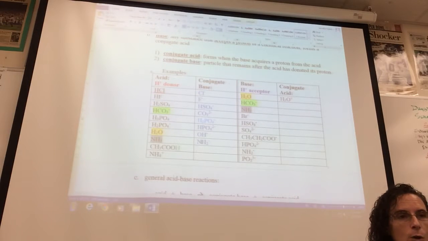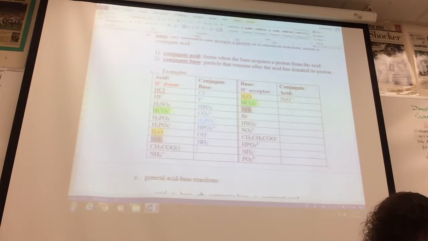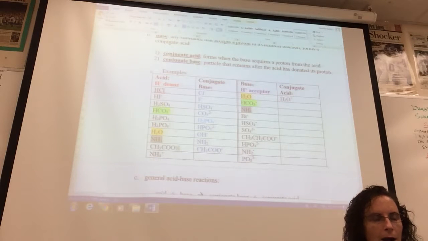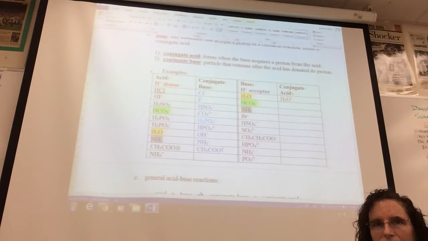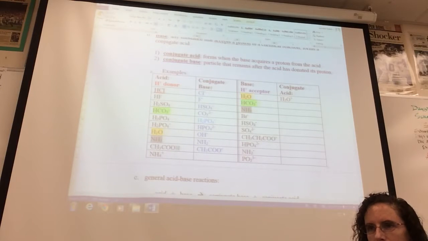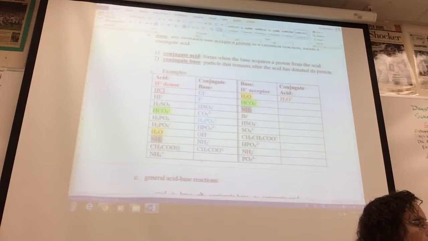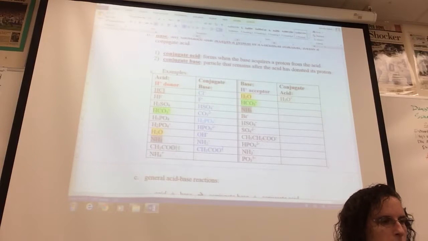The ionizable proton here is the one in green. So you make CH3COO minus. Why do you always lose the one on the end? Because if you draw it out, it's the weakest bond of all. You don't lose H's that are attached to carbons. You lose the H that's attached to the O. Do you want me to draw that out?